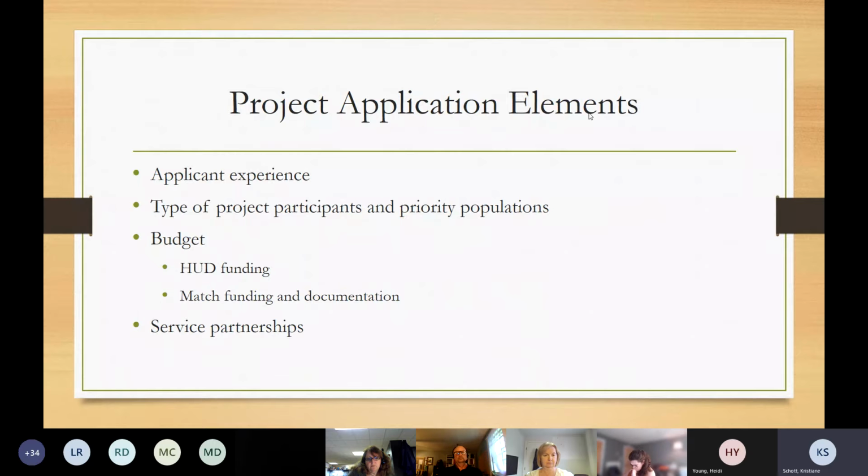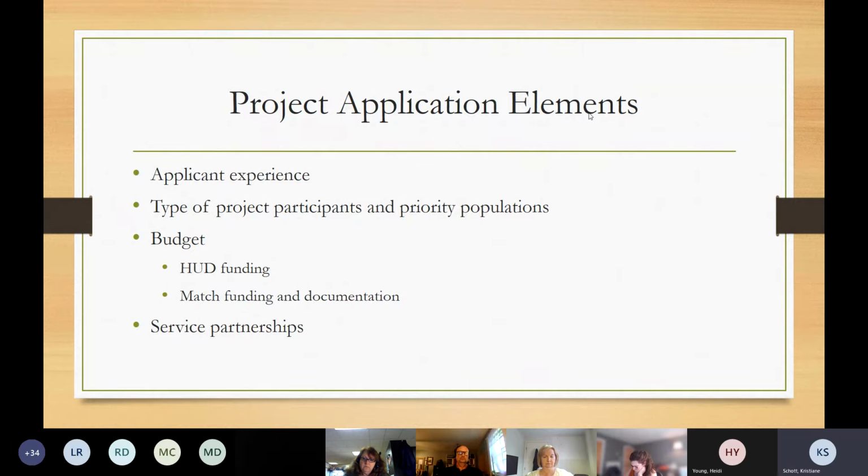There are 2 different tiers to this priority listing, and the priority listing is based off of the renewal scoring tool and the new scoring tool on how you are scored. Each of those tools are voted on annually for any competitive NOFA by the Balance of State membership, and they are issued prior to any finalization of that priority listing.